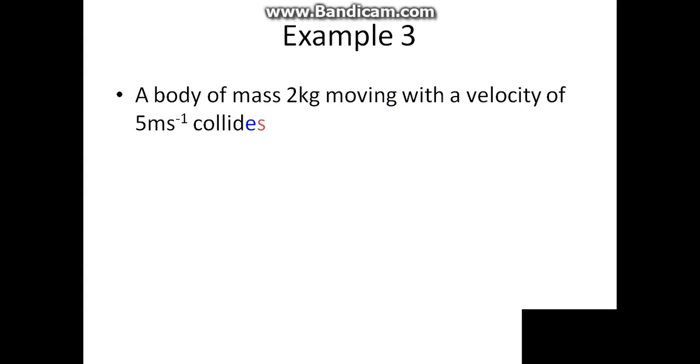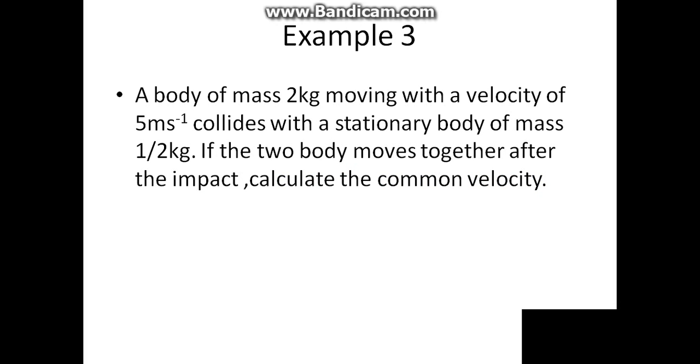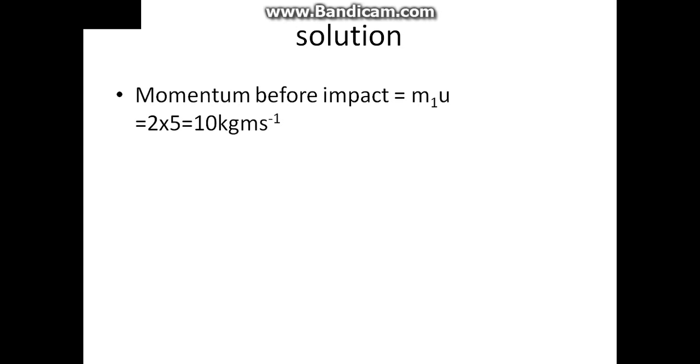Example 3. A body of mass 2 kg moving with a velocity of 5 meters per second collides with a stationary body of mass 1/2 kg. If the two bodies move together after the impact, calculate the common velocity. Solution: momentum before impact is equal to m1u, which is equal to 2 times 5, which gives us 10 kg meters per second.